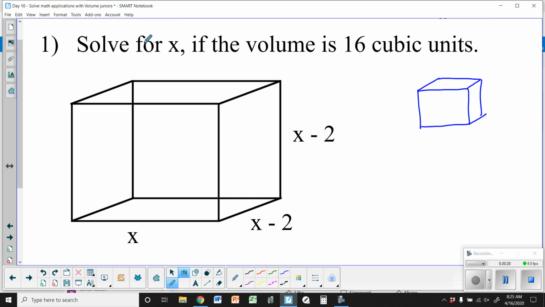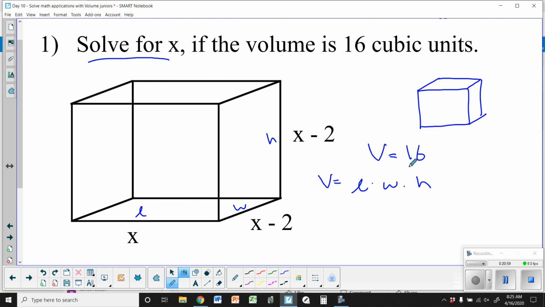volume, so we're just solving for x, and it says if the volume is 16 cubic inches. So we know that volume equals 16 cubic inches, or cubic units. And what do we know volume is? That's right, it's going to be our length, our width, and our height, or however you want to look at it. So volume equals length times width times height.